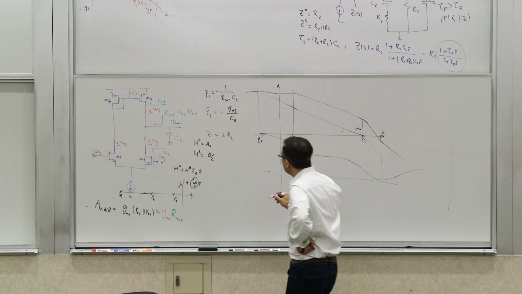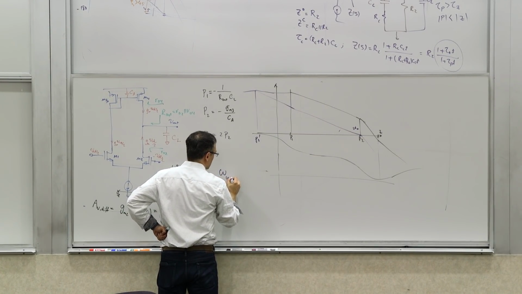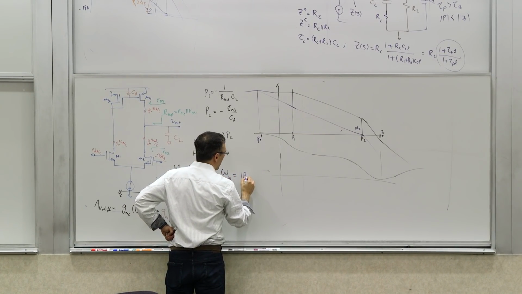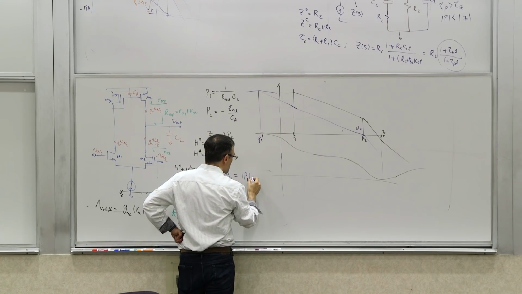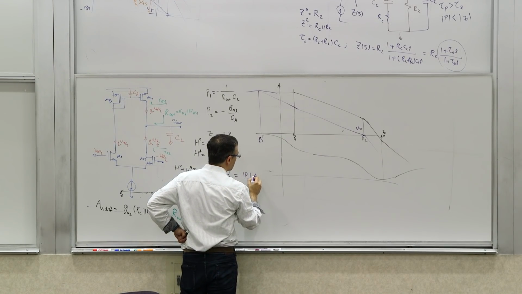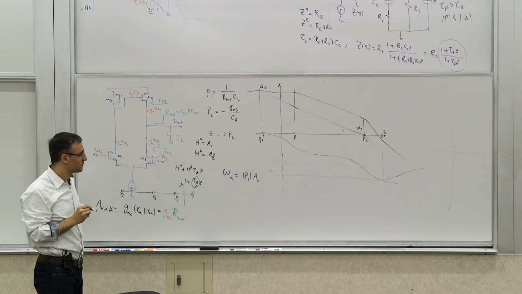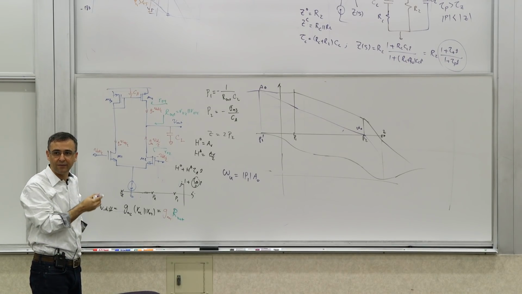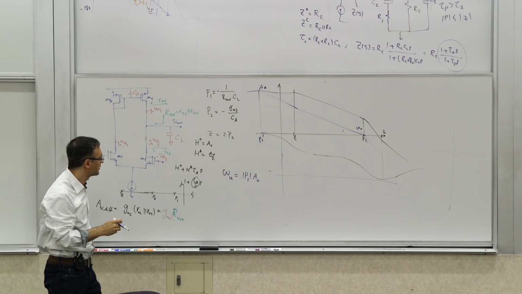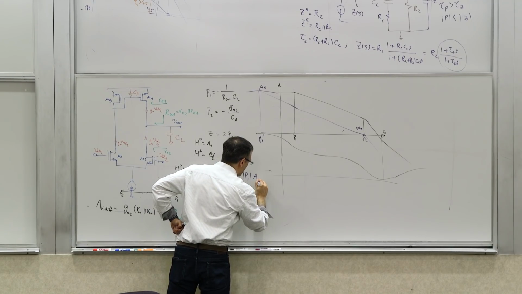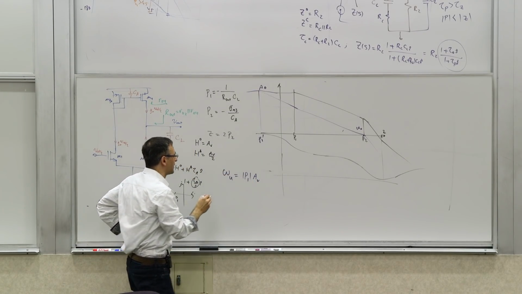What is omega unity due to P1? Do you agree that it's just the original P1 times the DC gain, A0? Or AV, we called it AV here. Let's call it AV0.